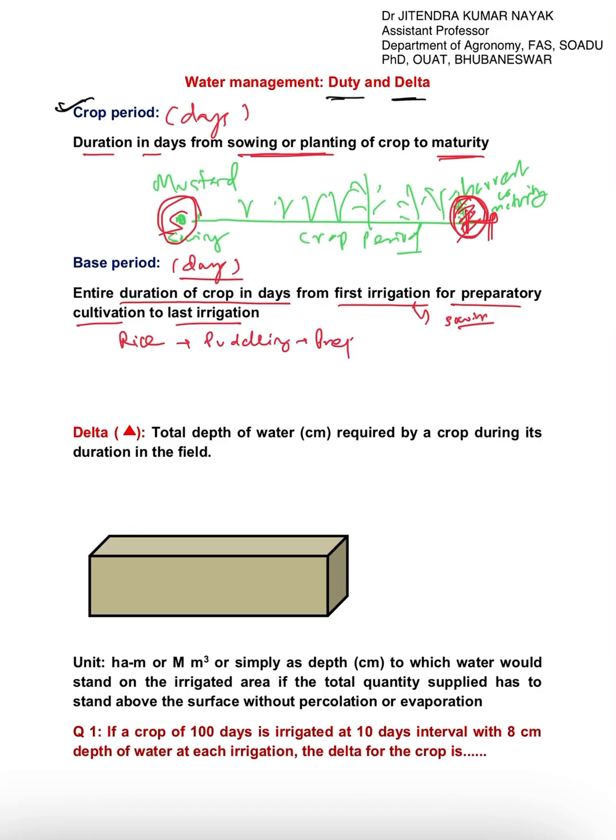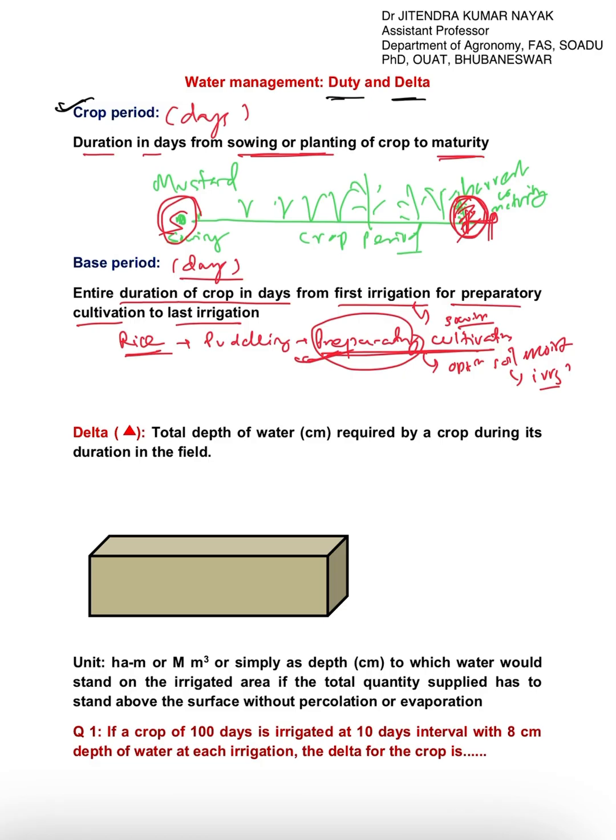Before transplanting of the rice seedlings, you have to go for preparatory cultivation, and for this we need optimum soil moisture content, so you have to go for irrigation. So if there is land preparation, the first irrigation is for preparatory cultivation.